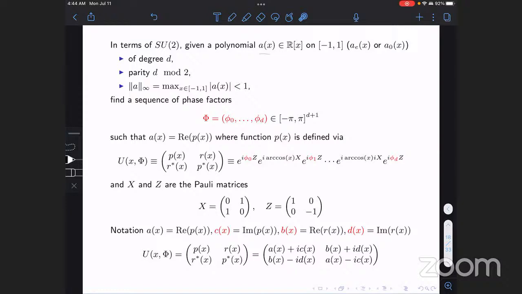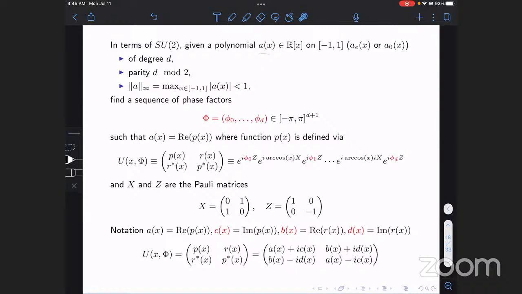So the computational task is to find a sequence of so-called phase factors phi 0 to phi d, such that phi 0 to phi d reproduce A(x) in the following sense: A(x) is equal to the real part of a function P(x), where P(x) is defined to be the 1-1 block of this 2x2 matrix, and the 2x2 matrix can be written as a product of a sequence of operators, where each term involves either these rotation angles or x. Here Z and X are the standard Pauli matrices, and we don't need the Y matrix here.